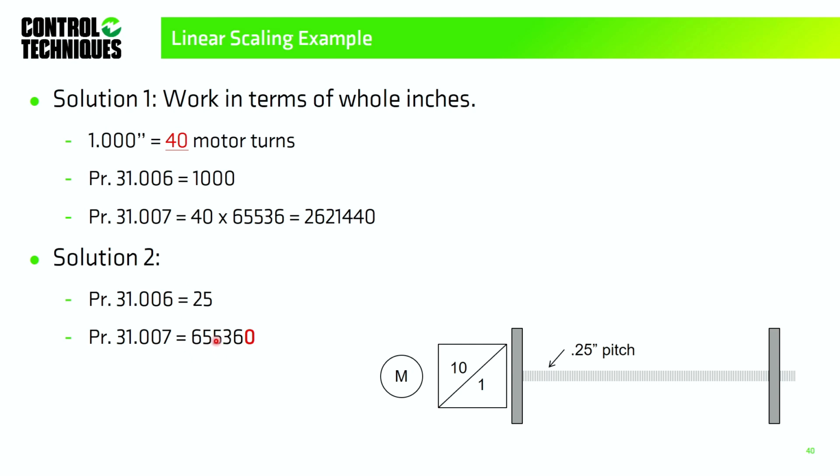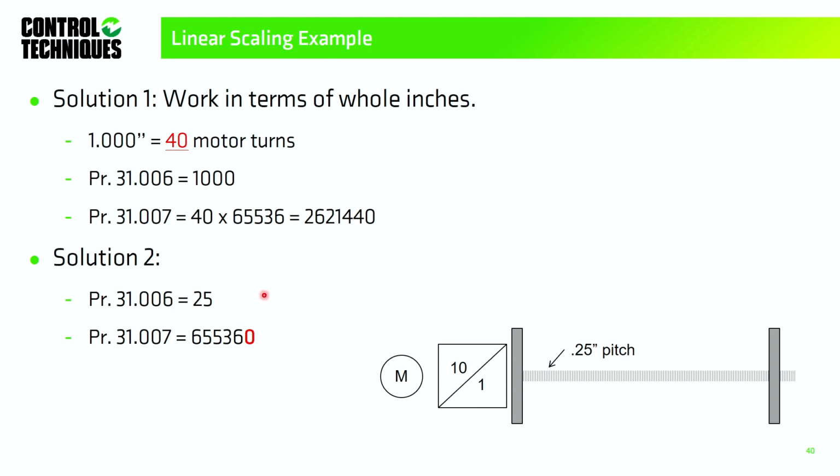So now it takes 10 turns. There's my 10 turns for 0.25 counts. So that would also work. I would probably go this way if it were me, but in either case, it will work just fine.